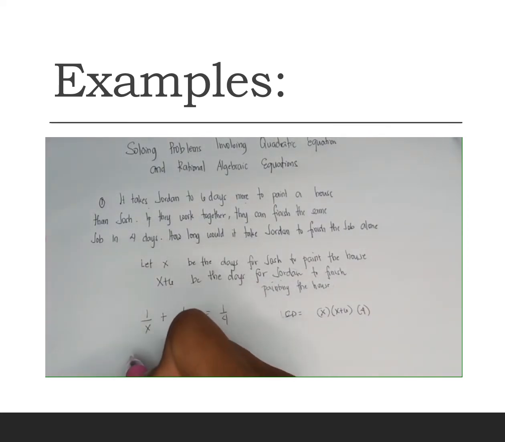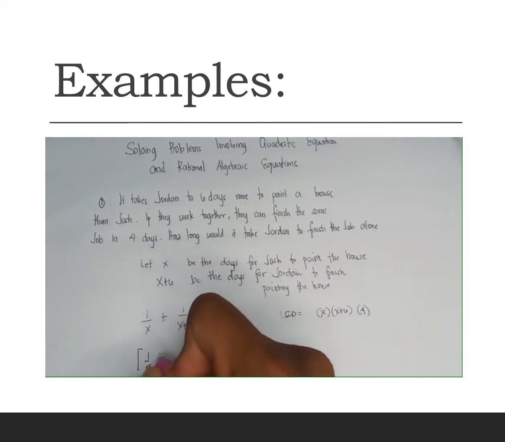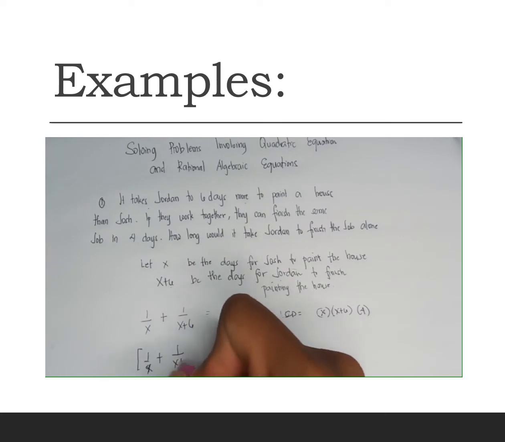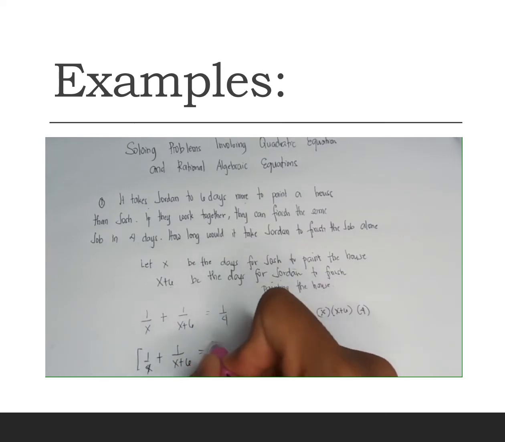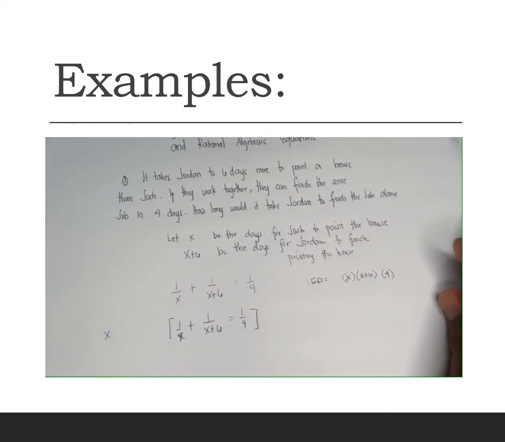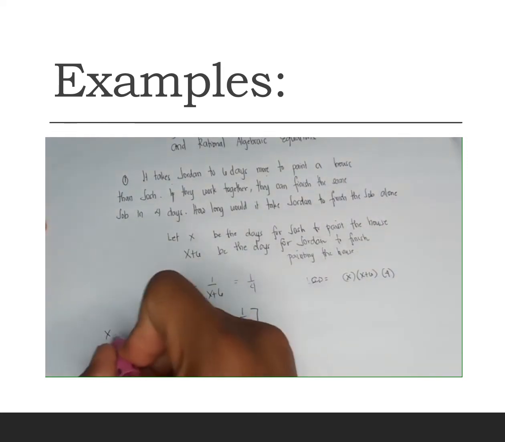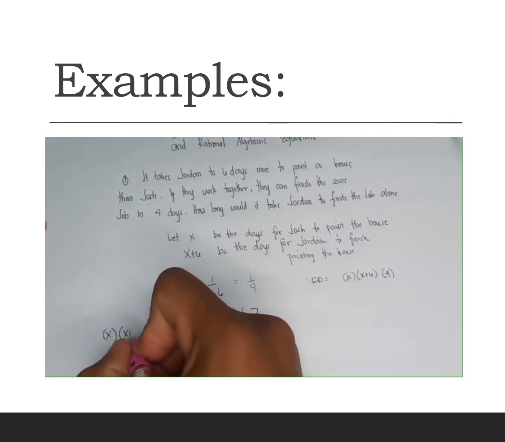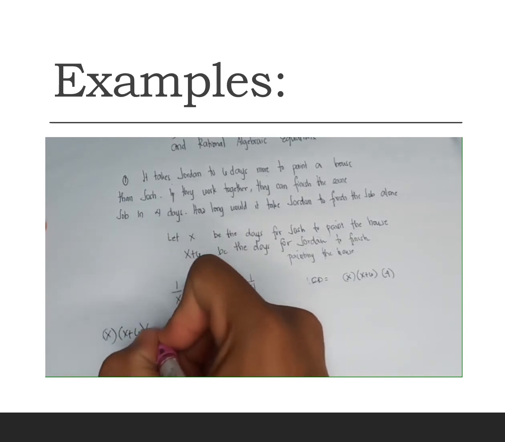So we have 1 over x plus 1 over x plus 6 is equal to 1 over 4, multiplied by x times x plus 6 times 4.